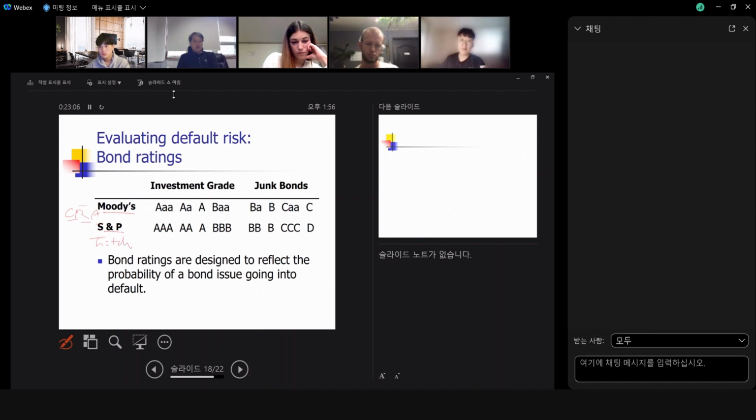There are three popular credit rating agencies. Credit rating agency, 신용평가사 in Korean. Those agencies give credit ratings to companies as well as even countries, right? So we sometimes compare the countries' credit ratings.